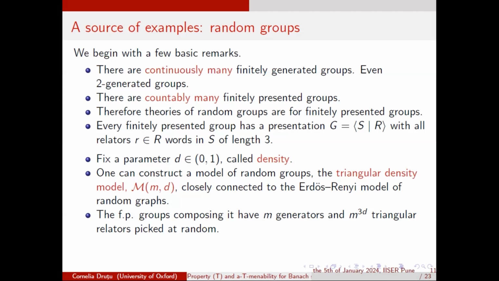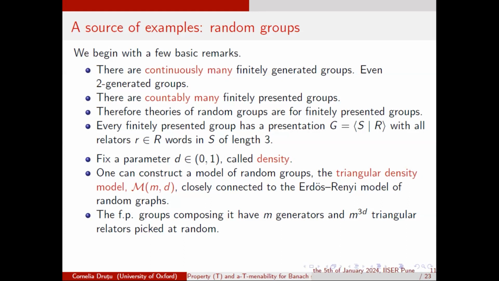So this density is measuring how many relators we take, and depending on whether D is large or small, we take comparatively few relators or many relators. We just pick at random a set of relators of this cardinality. This is going to be my model, and we take all the groups defined by such presentations.